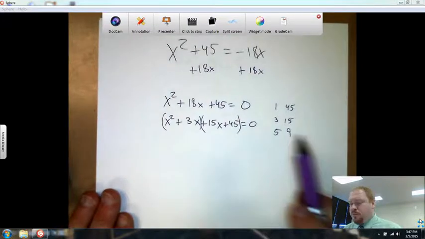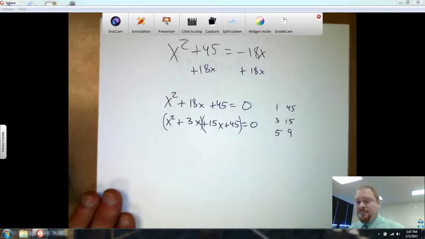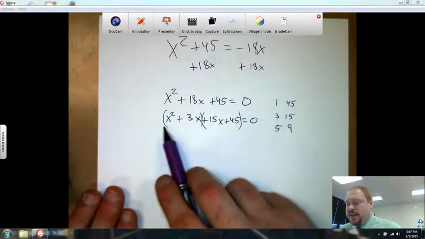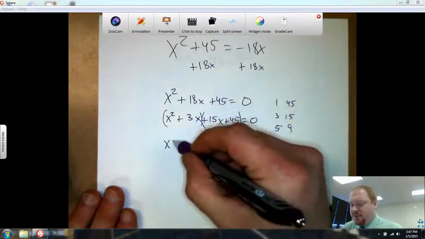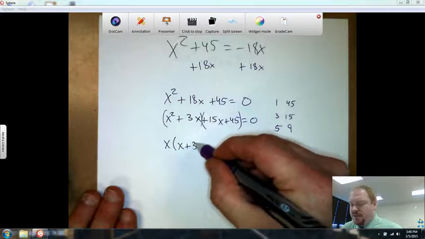Notice that I put the sign in with the last pair. So now, both of these, I could take out an x. They both have an x. So what's left is x and then plus 3.